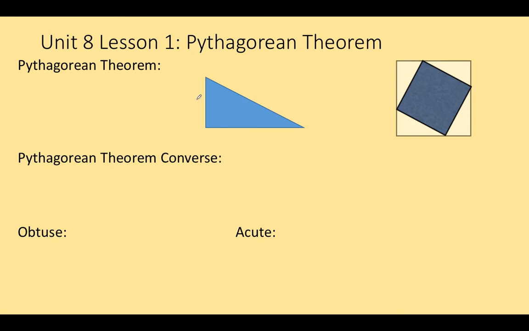Simply put, the Pythagorean theorem is if c is the hypotenuse of a right triangle, so that's what we have to have, then here's the famous part, a squared plus b squared equals c squared. And so a and b are the two legs, and c would have to be the hypotenuse, the angle that's across from the right angle.